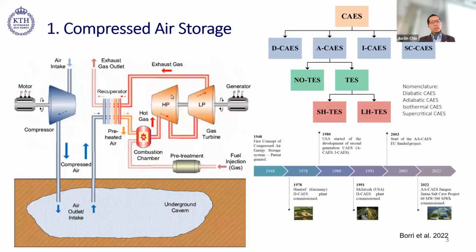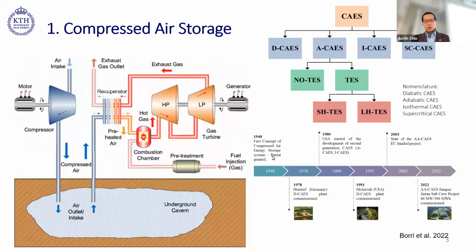And then we run our turbine. So we have a high pressure stage and a low pressure stage where we recreate mechanical work, or we convert the compressed work to mechanical rotation, so kinetic energy that we can use to produce electricity by running a generator.